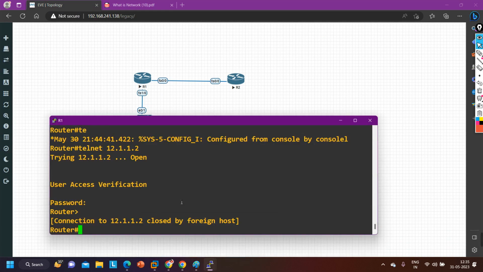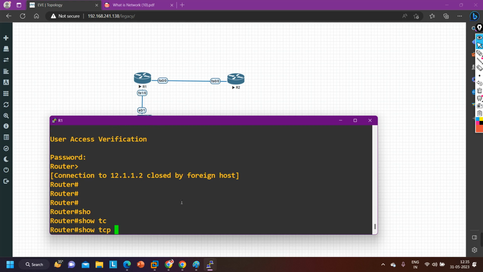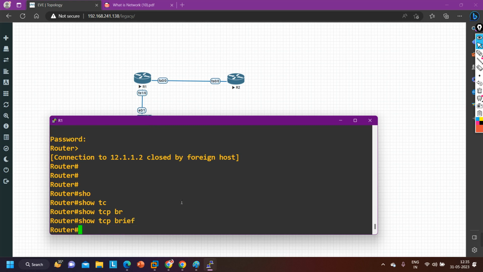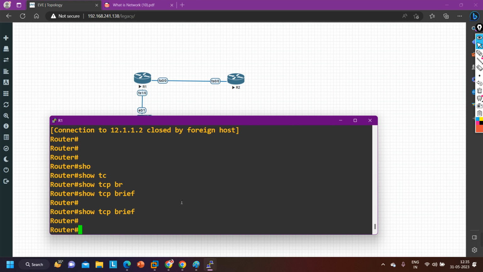On router number 1, we can check that table by running the command show tcp brief. Is there any information? No.